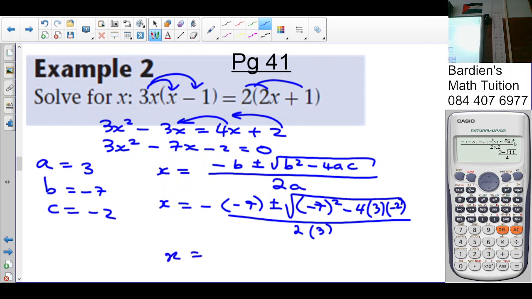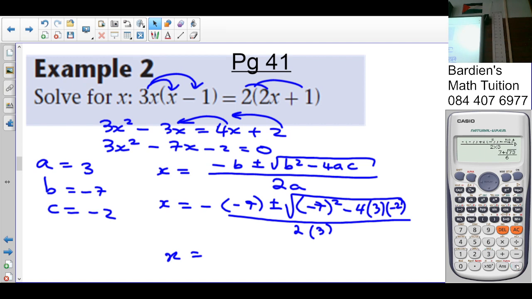They didn't specify if it was written to 2 decimal places, so I'm going to leave my answer in simplified surd form. So it's negative, open brackets, negative 7, plus the square root of negative 7, must be in a bracket, squared, minus 4 times a times c, which is negative 2, over 2 times 3.